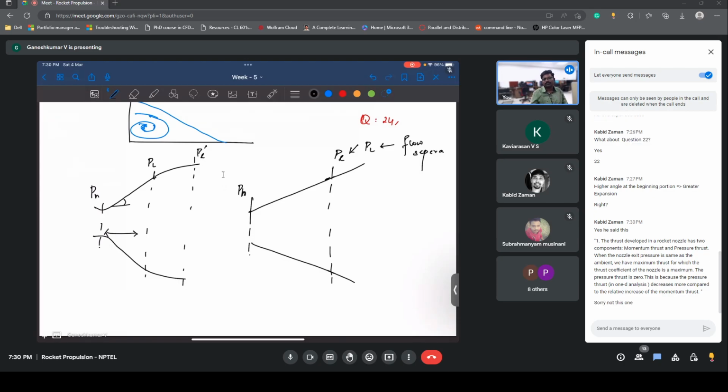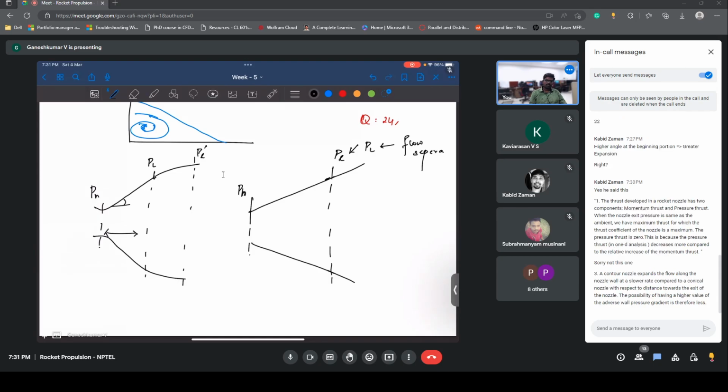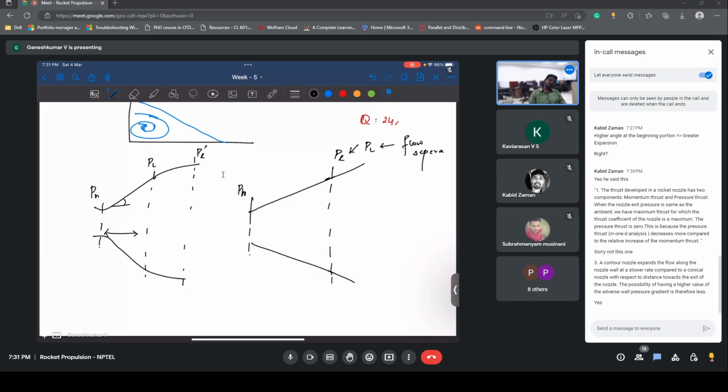A contour nozzle expands the flow along the nozzle wall at a slower rate compared to the conical nozzle with respect to distance towards the exit of the nozzle. The possibility of having higher value of adverse pressure gradient is therefore less. This is the exit.